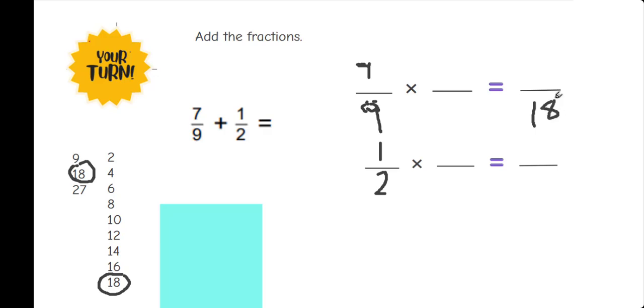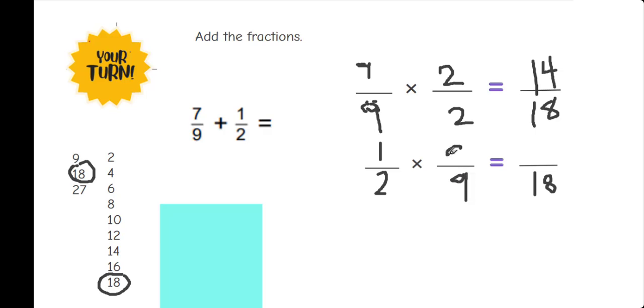Now I have to convert each of these two fractions into an equivalent fraction where they have the denominator of 18. So I'm going to do the 9 first. 9 times 2 equals 18. Whatever I do to the denominator, I do to the numerator. So 7 times 2 is 14. 2 times 9 is 18.